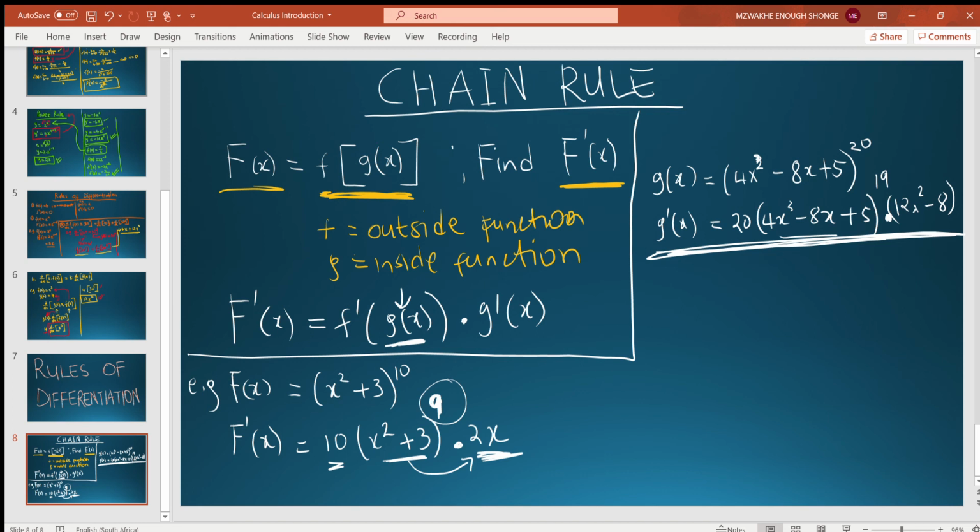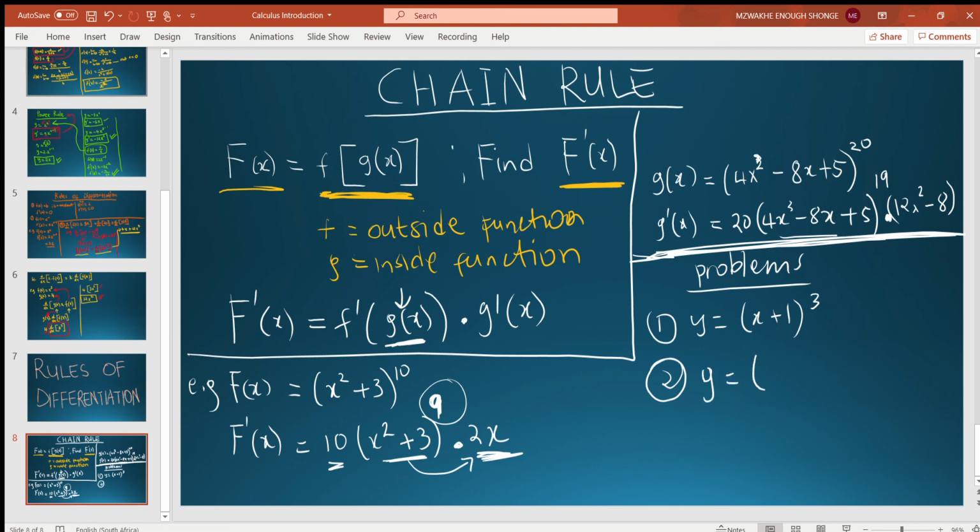So I want you guys to do these problems. Tell me if you got it. Number 1, y equals x plus 1 to the exponent 3. Number 2, y equals x squared plus 8x to the exponent 17.